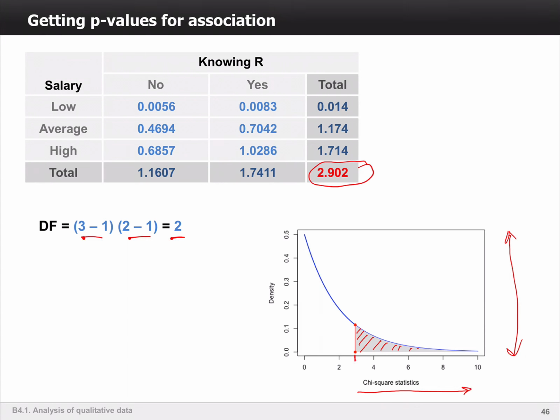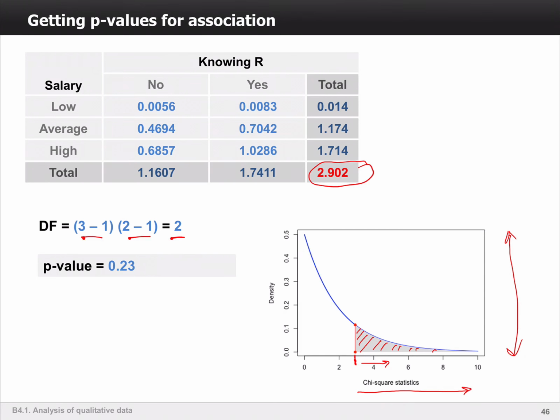That's the chance to get a sample as extreme as ours or more extreme. If we calculate the p-value in this case, we get 0.23. So there is a 23% chance to get a sample as extreme as ours, or even more extreme, if indeed it came from the population where the null hypothesis is true. So we don't see evidence that there is any association between the knowledge of R and the level of salary.